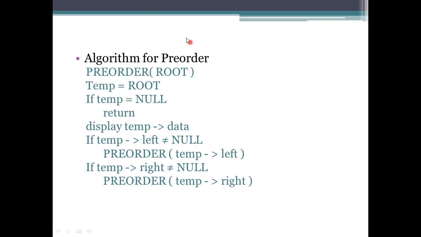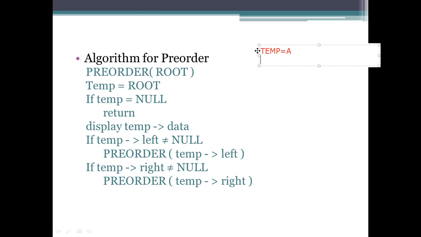What is the root here? The root is capital A. Then temp is equal to capital A. Is A equal to null, meaning does A have children or not, we need to see. It is not true.